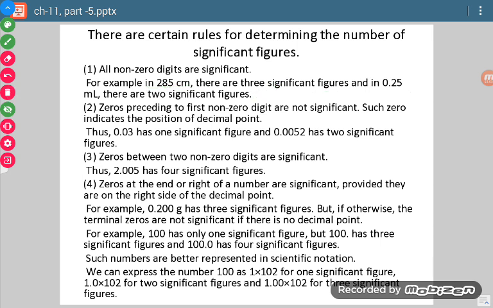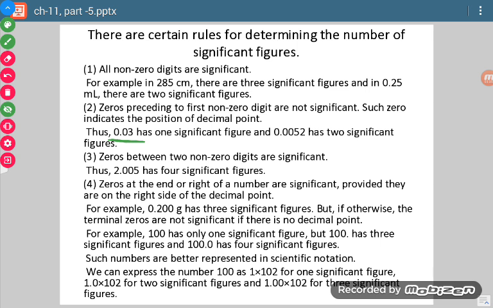Now the second rule is zeros preceding the first non-zero digit are not significant. Such zeros indicate the position of the decimal point. So in this observation you can see 3 is a non-zero digit, but the other zeros placed with it are on the left side, and there is no non-zero digit on that side.